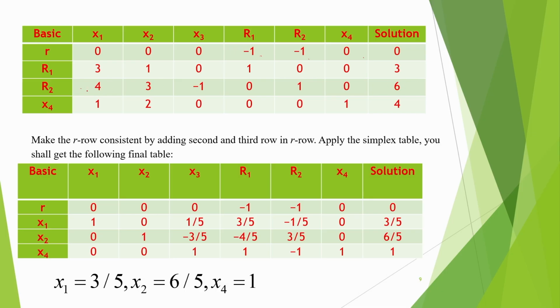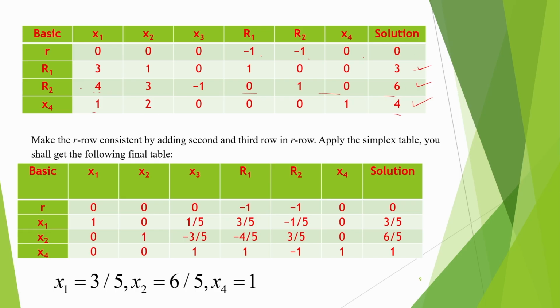M is not there, only here 4, and x4 is equal to this thing. So we have written it in a very usual manner. This is fine, it shows that r1 is equal to 3, that means the artificial variable is 3, r2 is equal to 6, x4 is equal to 4. They are giving you a very good starting basic feasible solution.